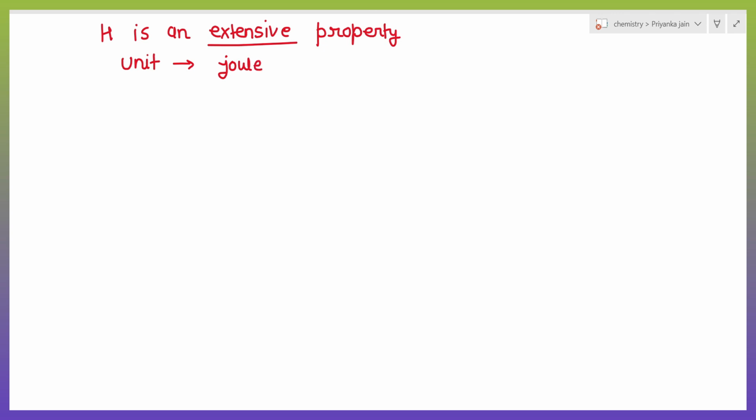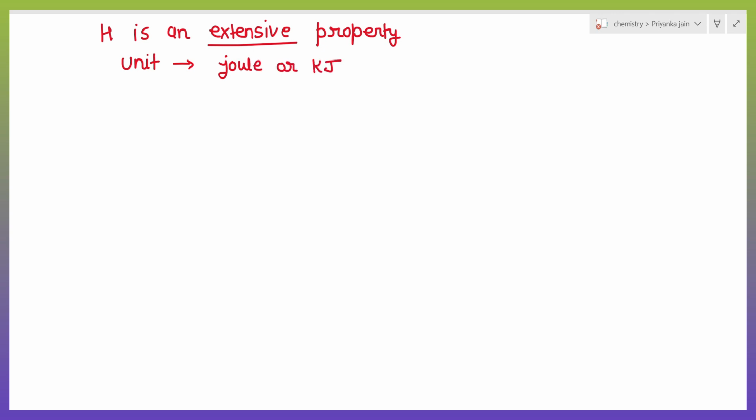One more thing you should know is that enthalpy is an extensive property. It means its value depends upon the amount of the substance. Its unit will also be the units of energy, meaning joule or kilojoule.